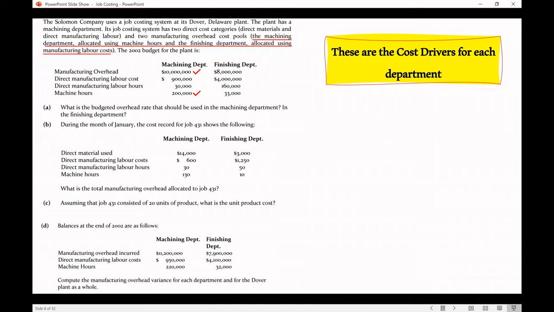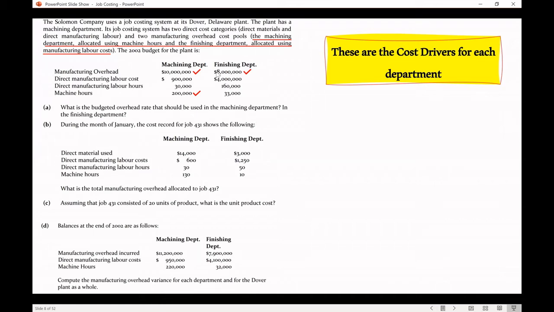The formula is total estimated manufacturing overheads divided by the total units of the cost driver. The overheads for the finishing department is $8 million, right? What was its cost driver? It's not machine hours. Let's get that clear. Machine hours was only for the machining department.